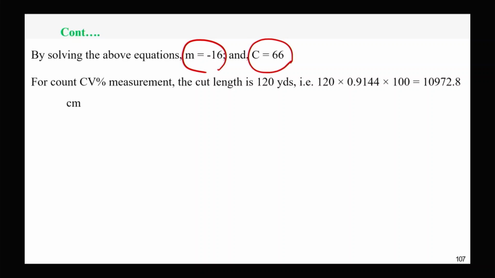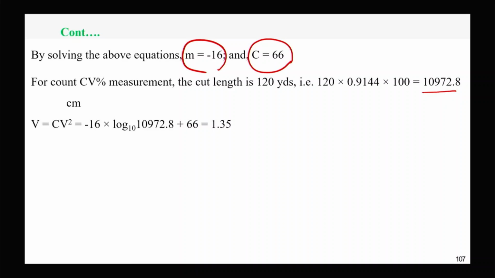Again, the cut length for 120 yard becomes 10,972.8. We have already seen this in the earlier numerical.